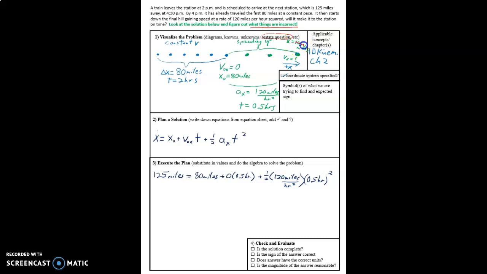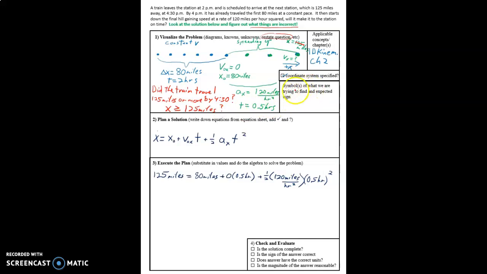And so what we could do is we could eliminate that as a known, and we could say, did the train travel 125 miles or more by 4:30? So we could say x is our symbol. Is that greater than or equal to 125 miles?